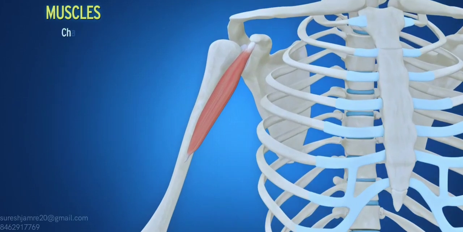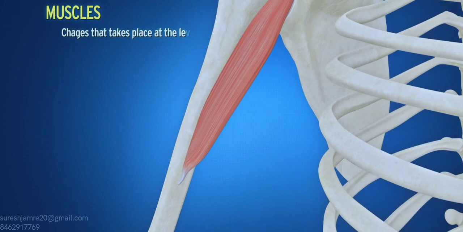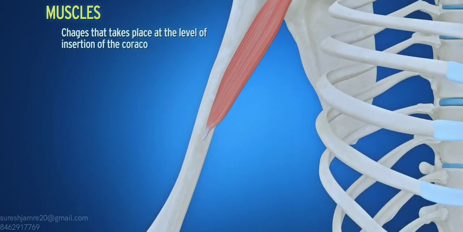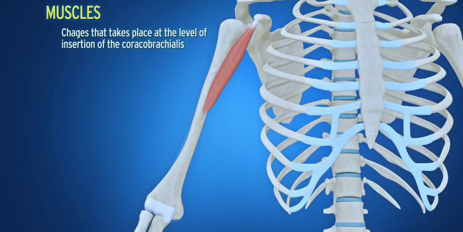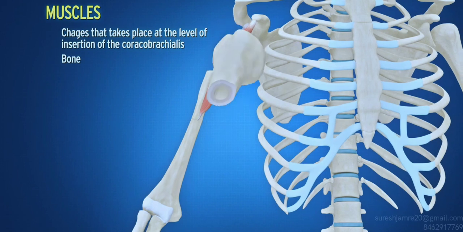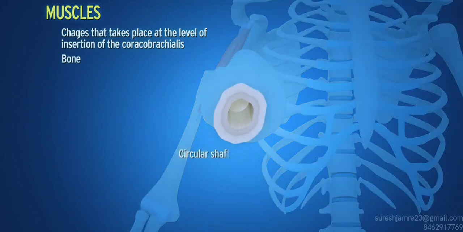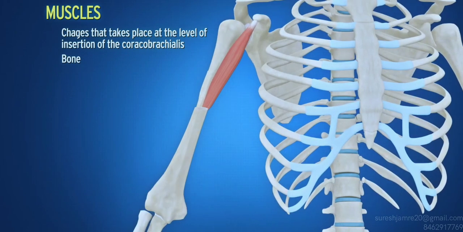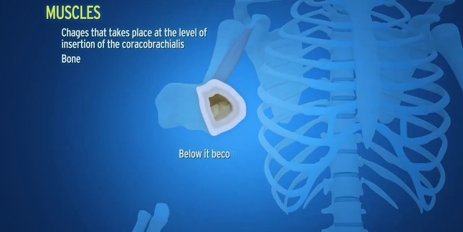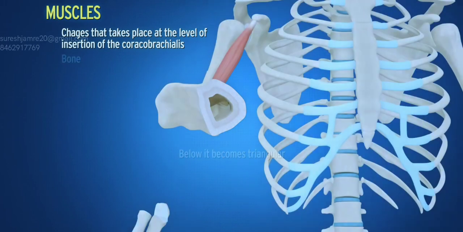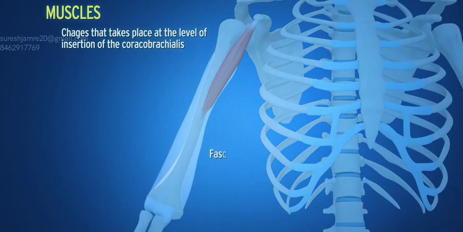There are numerous changes that take place at the level of insertion of the coracobrachialis. Bone. Humerus has circular shaft above the level of insertion. Below, it becomes triangular. Fascial septa.